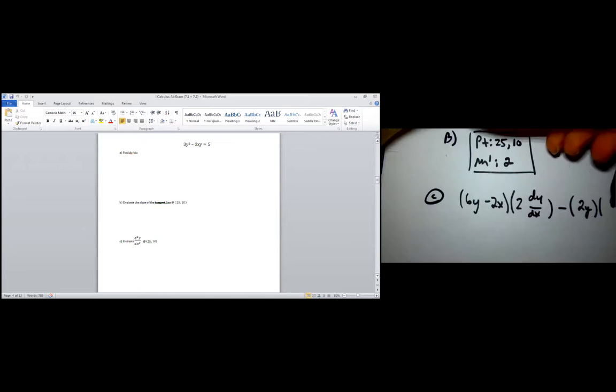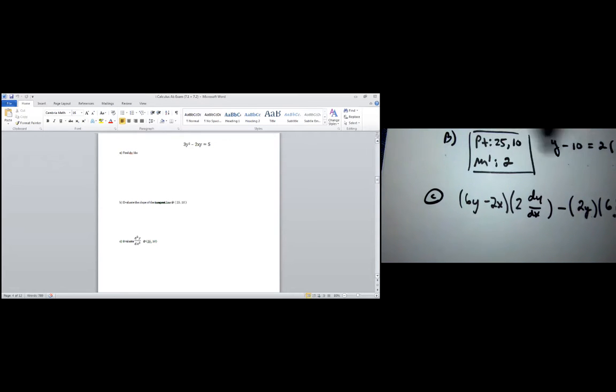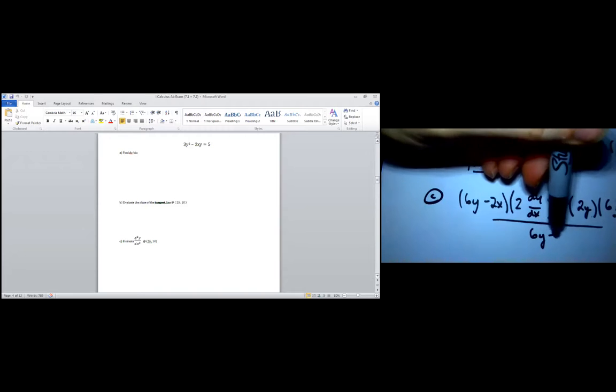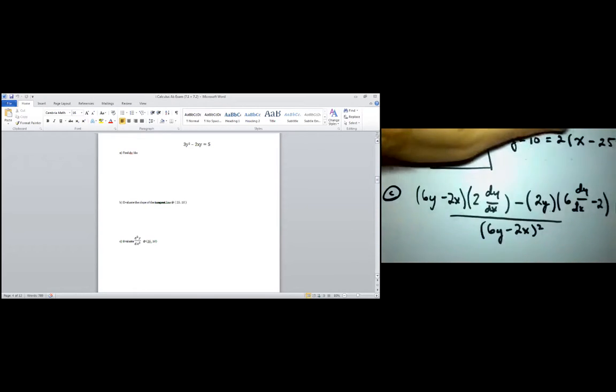The derivative of the bottom is 6 dy/dx minus 2. All over the bottom squared.